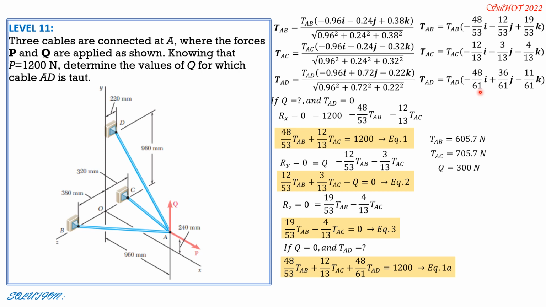We just leave tension AD negative and we transpose everything to the left. So equals 1200. So this would now be equation 1.